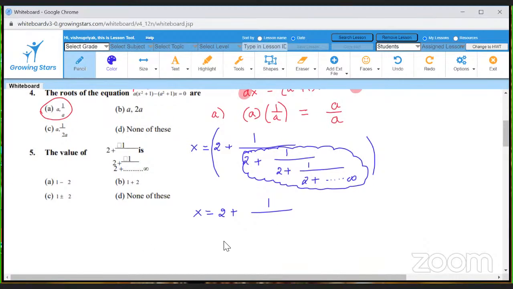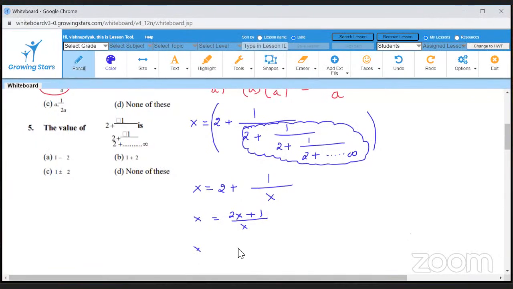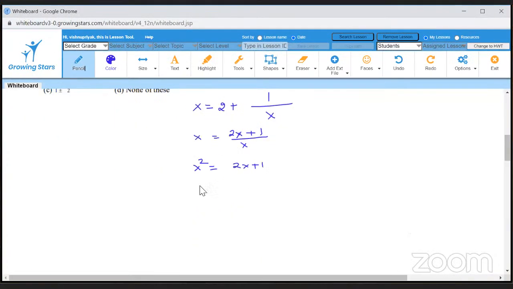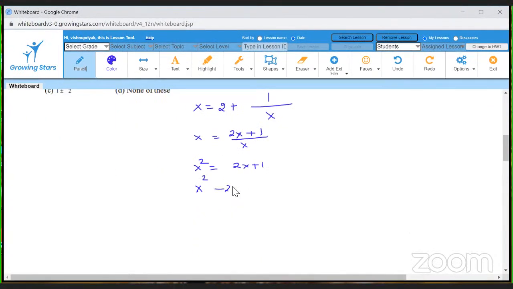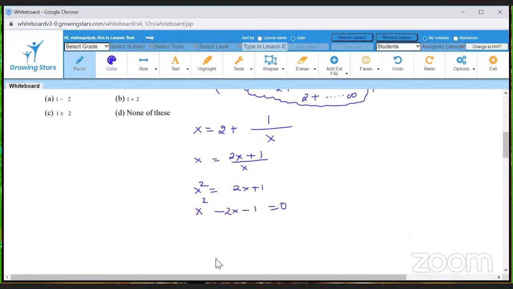So I will write it as x. I'll make a quadratic equation. x equal to 2 plus 1 by x, or x square equal to 2x plus 1. x square minus 2x minus 1 equal to 0. In this way, I got a quadratic equation.